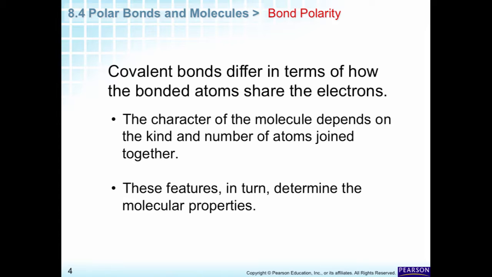The larger a molecule becomes, the more the charges can be spread out. And then these features can determine the molecular properties. As I said before, we can't determine covalent bond properties as well as we can determine other types of bonds.